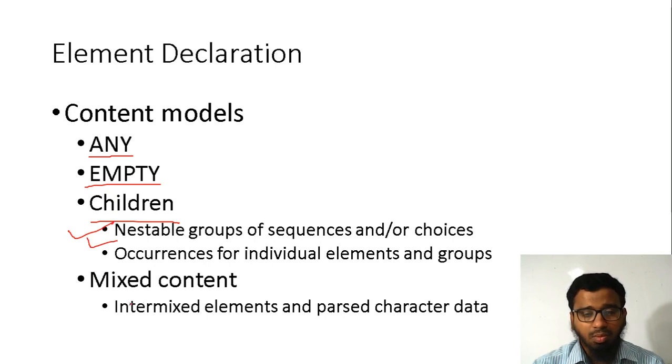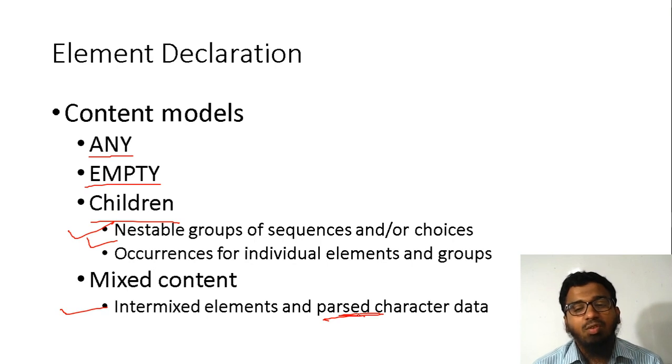Mixed contains intermixed elements and parsed character data. The important thing here is parsed. Sometimes the character data is parsed, sometimes it is not. We will see what is parsed character data and what is not.